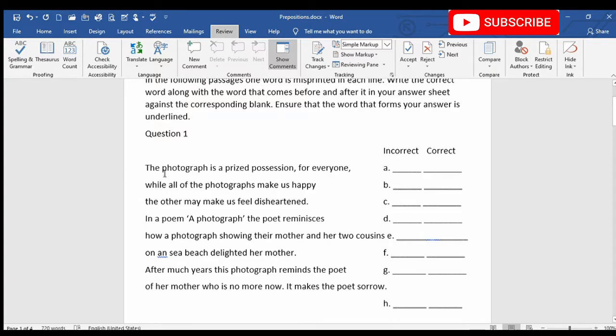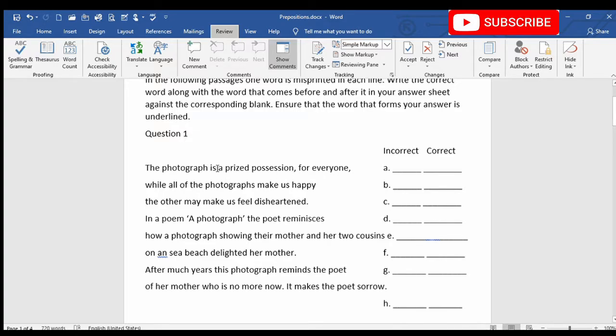So, now let us identify the mistakes in these lines. The photograph is a prized possession for everyone. Now, you see here the tense is present tense in this line. So, there is no mistake in tense.